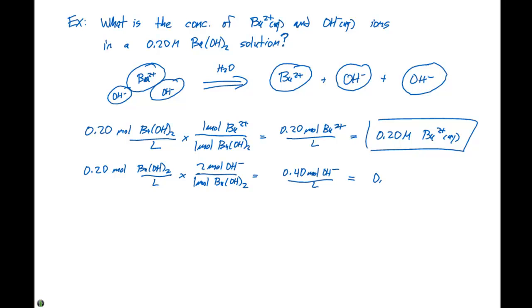That means our concentration of hydroxide ions is 0.40 molar in OH minus. This is going to be significant when we look at the stoichiometry and how these ions come together in solution. So make sure you're using the proper conversions, writing out everything, and using the correct dimensional analysis.